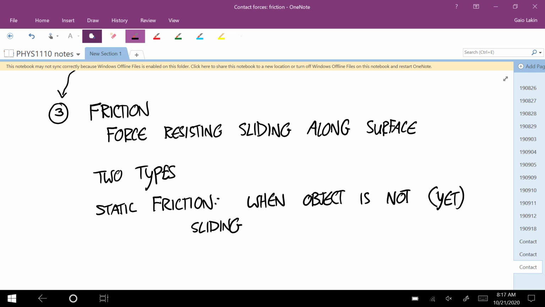Obviously, friction doesn't have a brain or try to do anything, but you can think of it that way. That's how it always acts. Its goal is, if something is at rest, to keep this thing from starting to slide along the surface.